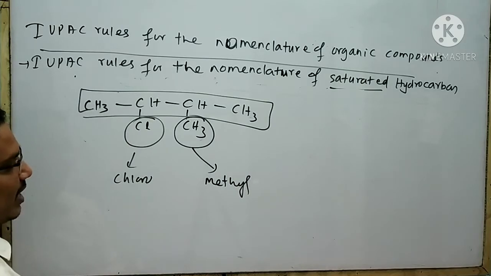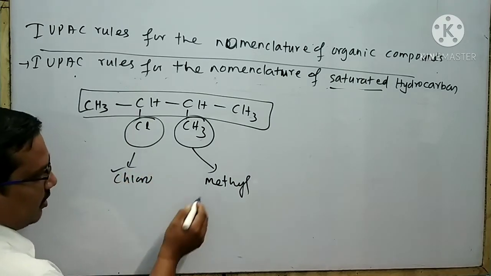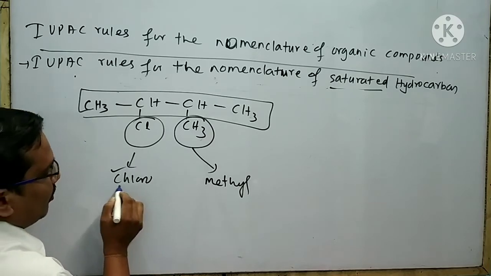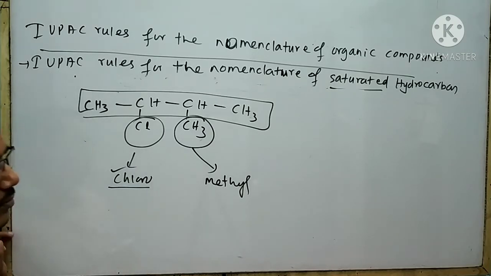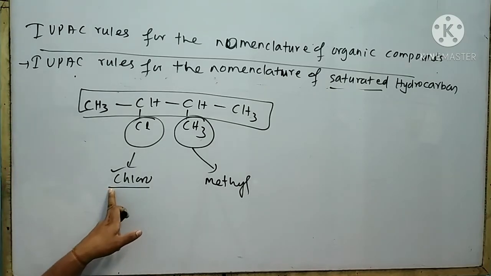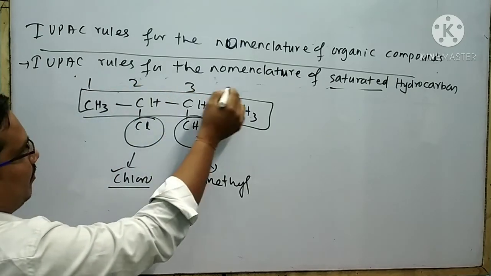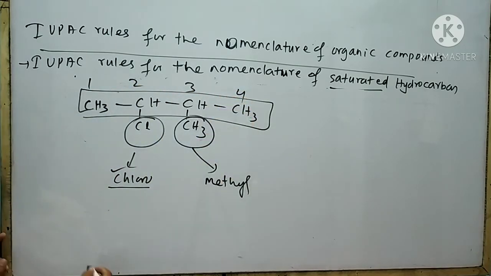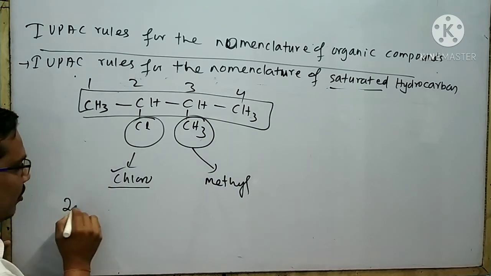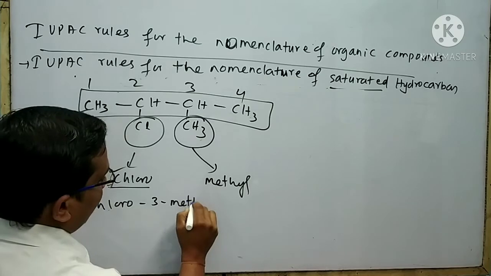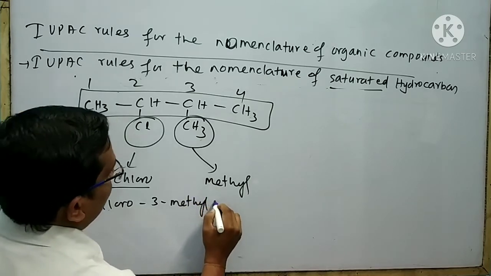According to the alphabetical order, C comes first, then M comes, so the priority is given to the substituent chloro. That means the substituent chloro is written first, then the methyl group. The numbering can be done like this: 1, 2, 3, 4. The name of this compound is 2-chloro-3-methylbutane.